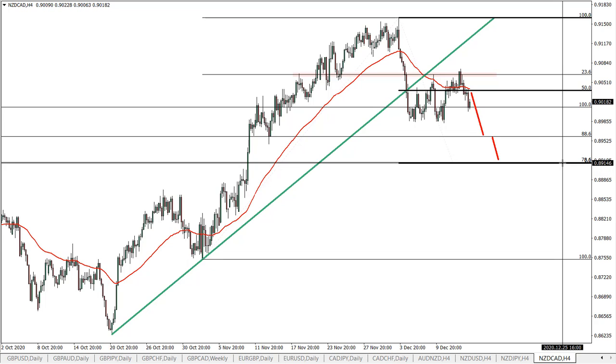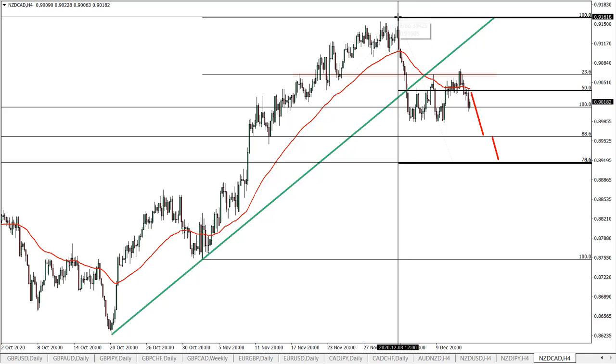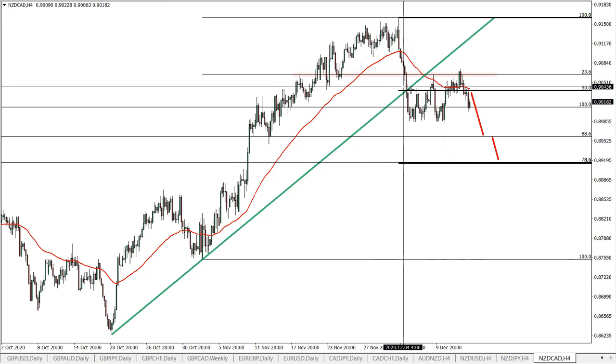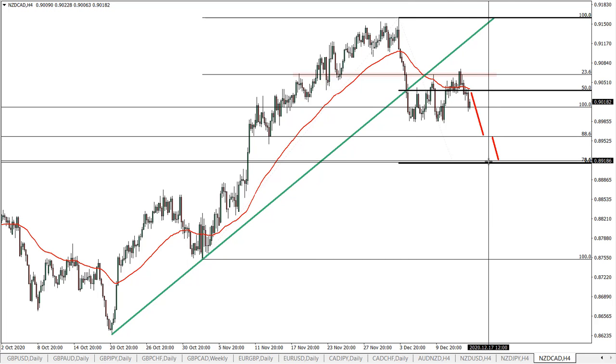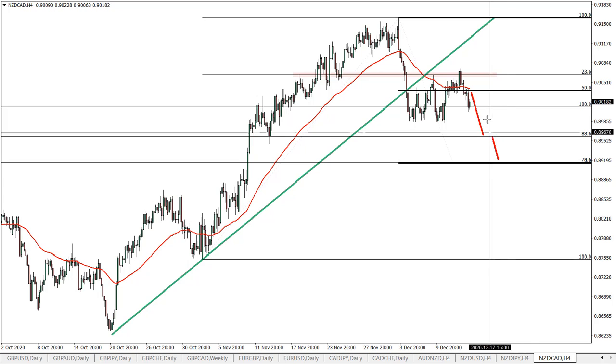And it shows that 0% Fibs corresponds to 78.6 Fibs, and both of them are located at 0.8915 area. And this Fibs basically shows that the distance from the top to the breakout point usually equals the distance after the breakout point to the downside target. So this is the final downside target for this move.